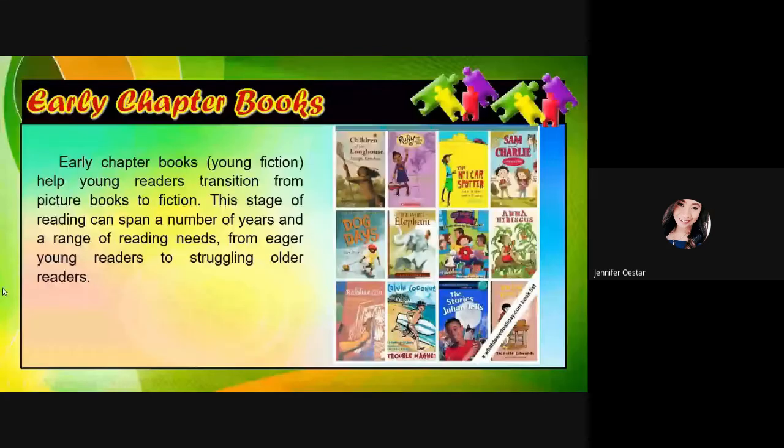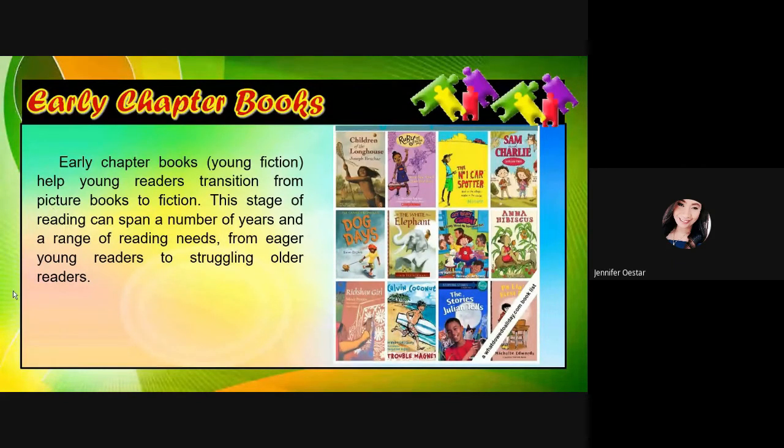Then, early chapter books. So we will now have the chapter books. So iba na siya. Another example na. We talk about chapter books. So these are young fiction, help young readers transition from picture books to fiction. So unti-unti na siyang nagkakaroon ng lines or mga binabasa.